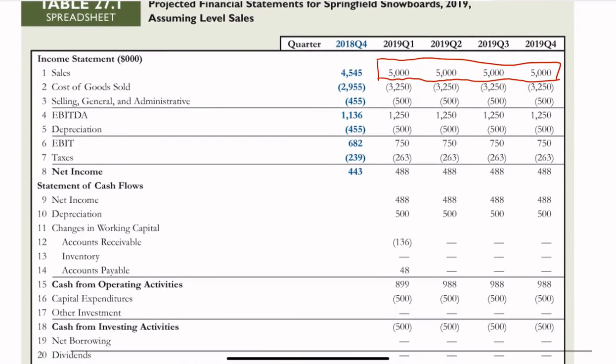Now, if you look at the income statement, you can see that it's really because the firm's sales numbers are evenly distributed, and then we have the same COGS in different quarters, the same SG&A in different quarters, and this will give us the same net income in different quarters.